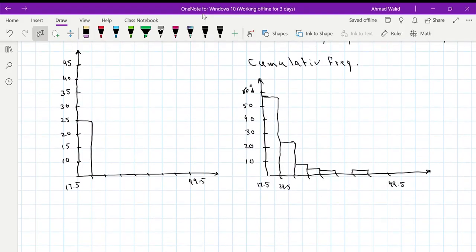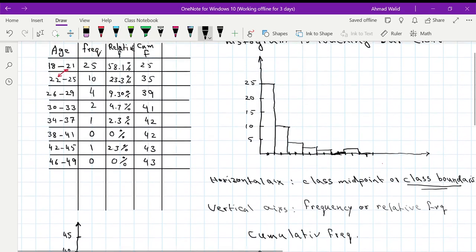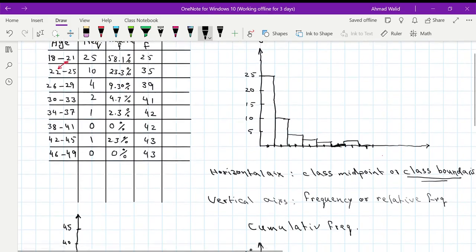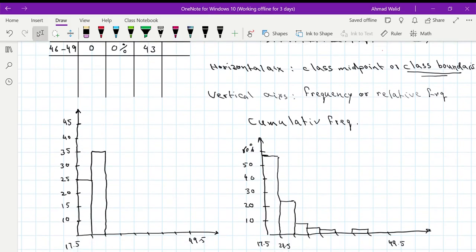The second class is 35. The third group, 39. 39 goes up to here, close to 40, right?